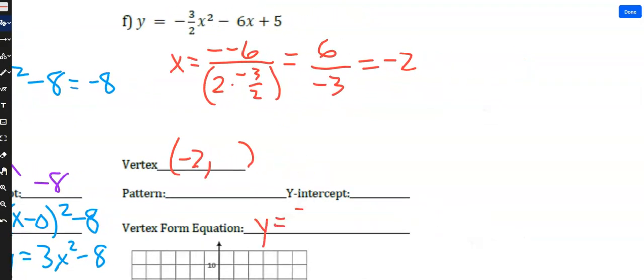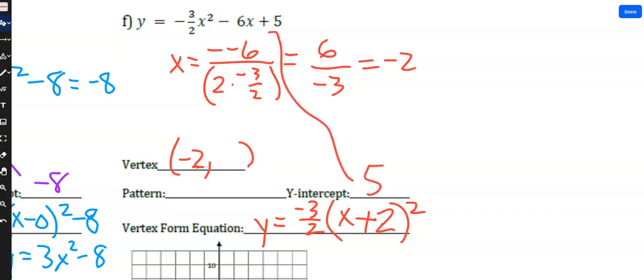We know that the first part of the equation has a negative 3 halves. And we now know that the x part of the vertex is negative 2, so that would be x plus 2. We know the y-intercept is 5. We know the pattern is negative 3 over 2.